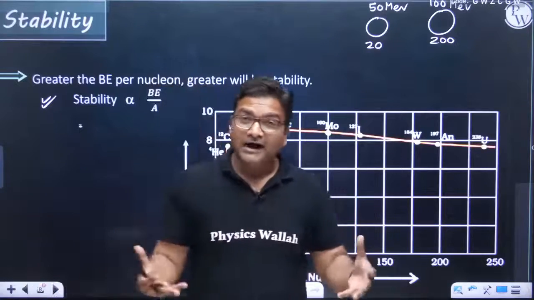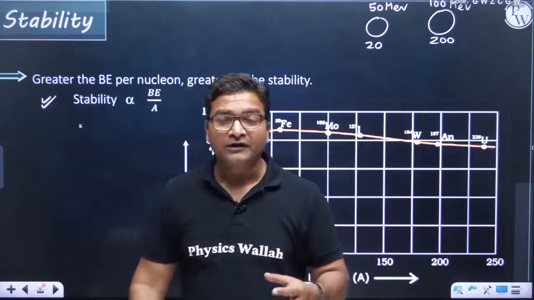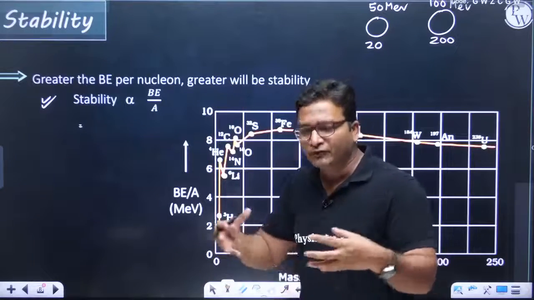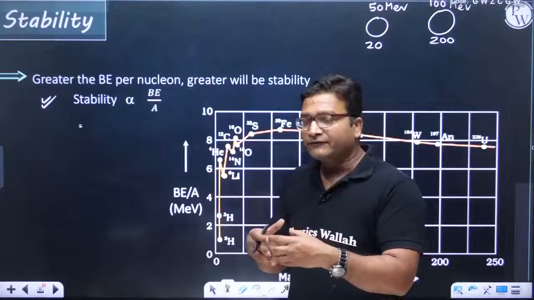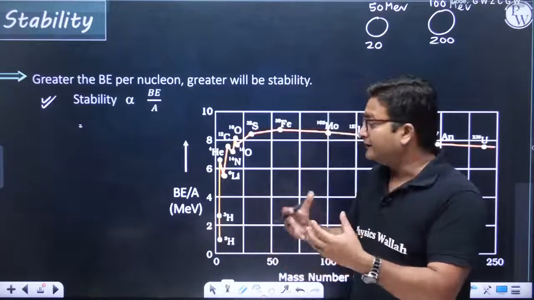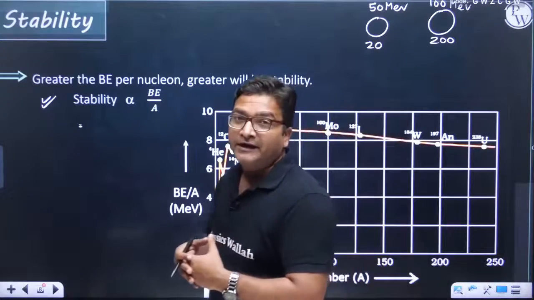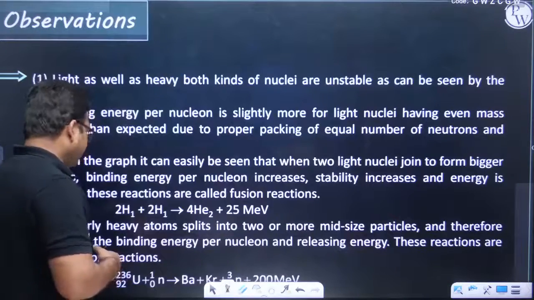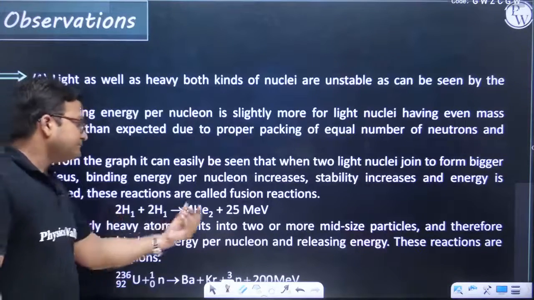This reaction in nuclear physics is called fusion reaction, where two very light nuclei fuse to give a bigger nucleus. Here also the energy is released, as can be seen by this equation.